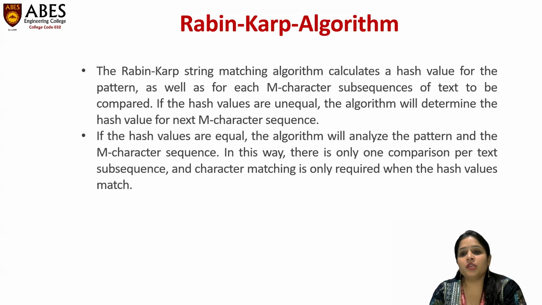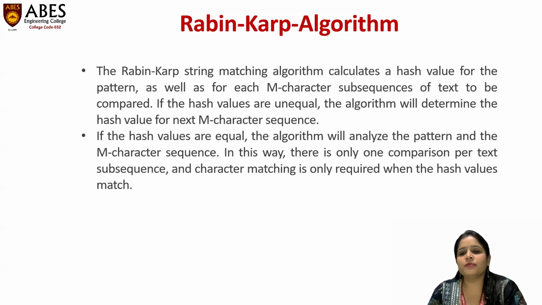If the hash values are equal, the algorithm analyzes the pattern and the m-character sequence. In this way, there is only one comparison per text subsequence, and character matching is only required when the hash values match.